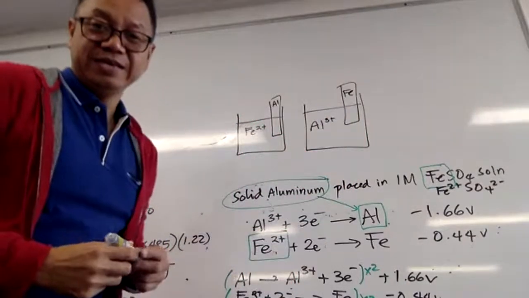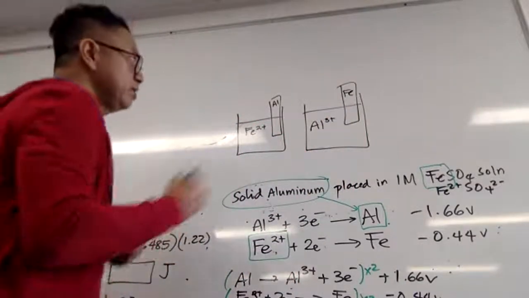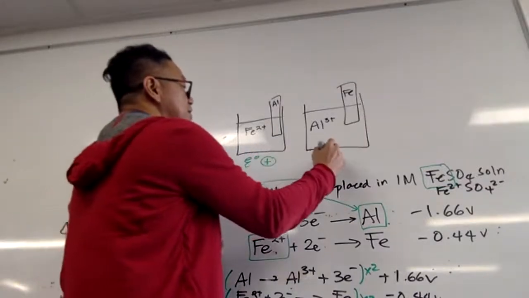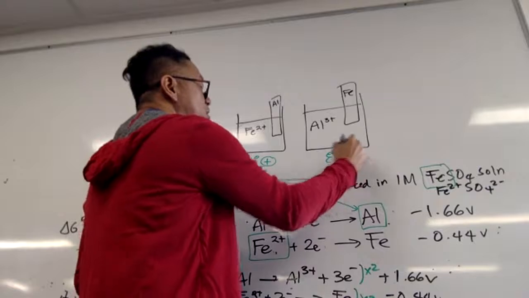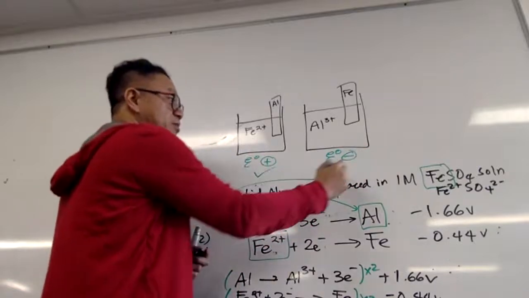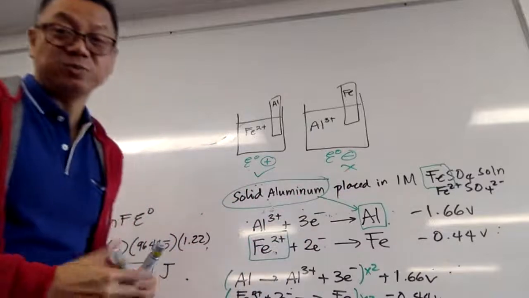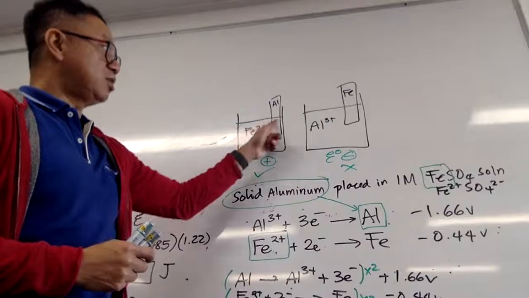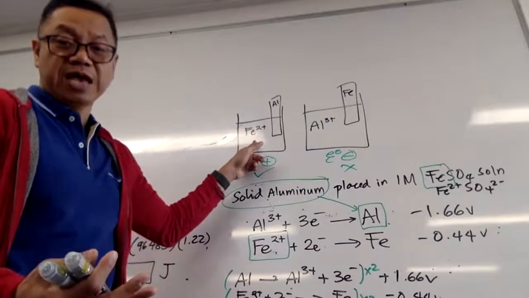The E naught for this one is positive. Obviously, the E naught for the opposite is negative. So this will be thermodynamically favored, and this will not happen. That is what it means. Solid aluminum in iron, there will be a chemical reaction.